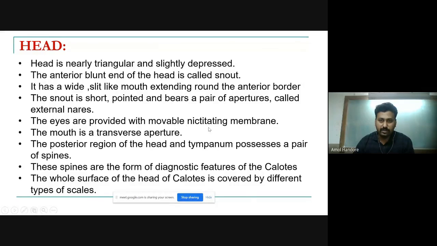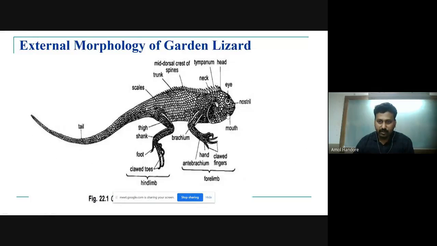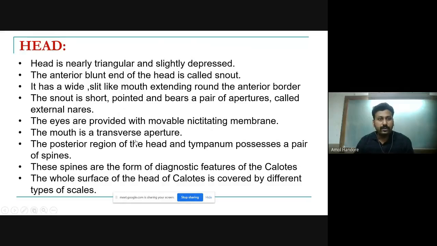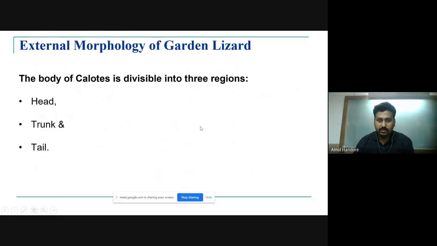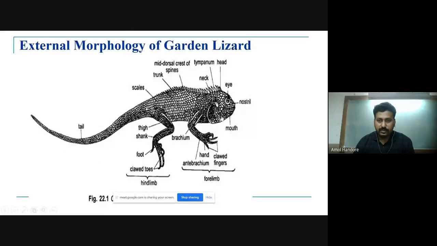So in this picture you can see this tapering portion of the mouth is called the snout. The snout is short, pointed, and bears a pair of apertures which are called external nares. So in this picture, you can see in this region they have the pair of apertures which are called the external nares.